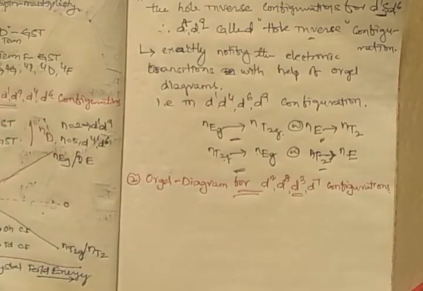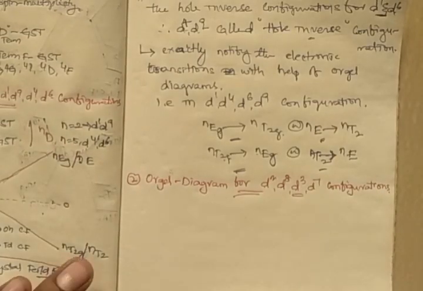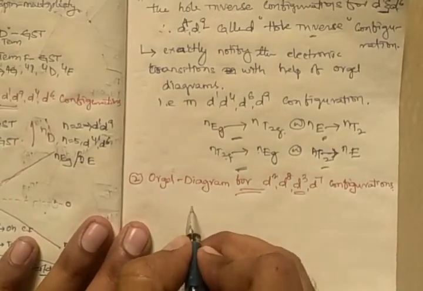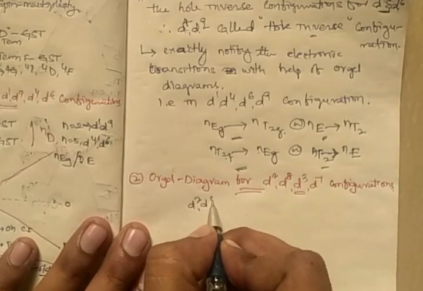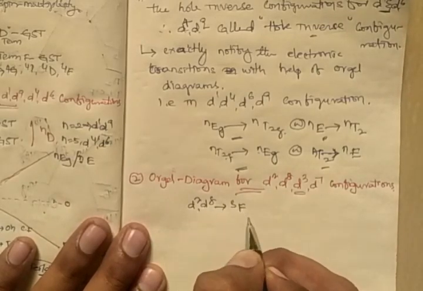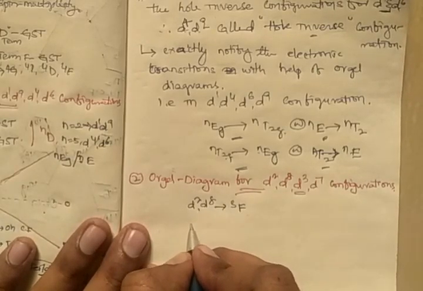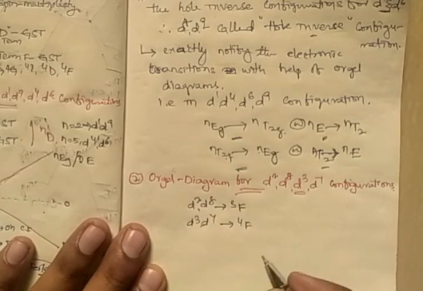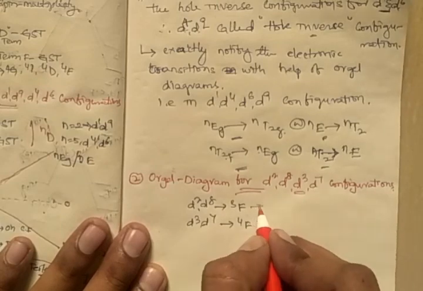In all these four electronic configurations, we have the ground state term of F, where D2 and D8 have 3F as the ground state term, and D3 and D7 have 4F.